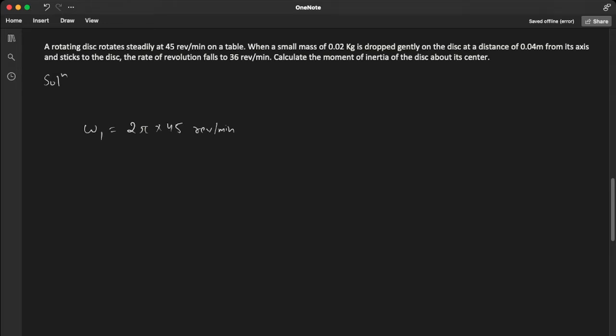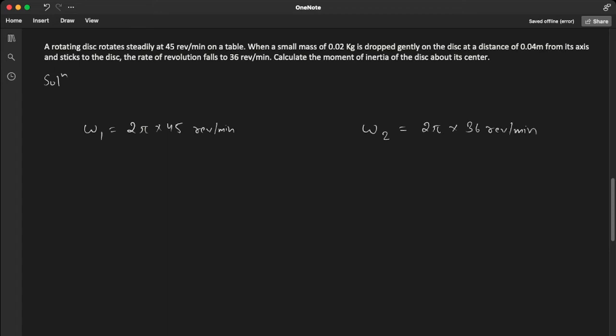And finally, when some mass was dropped on the disc, its revolution speed changes to 36 revolutions per minute. We again need to write 2 pi into 36 revolutions per minute.